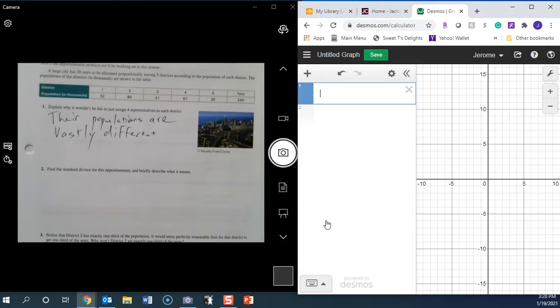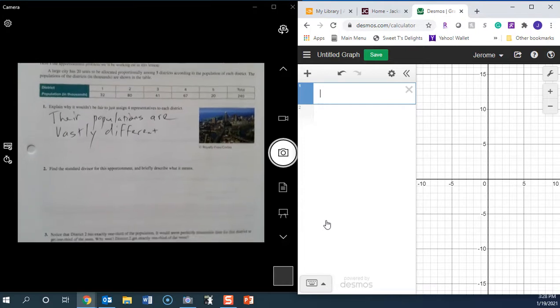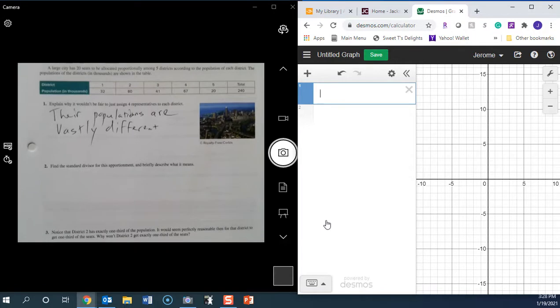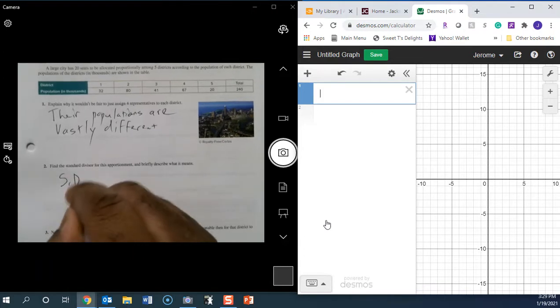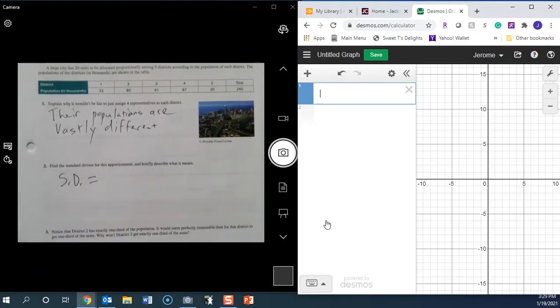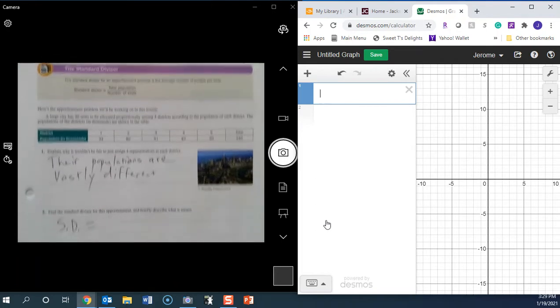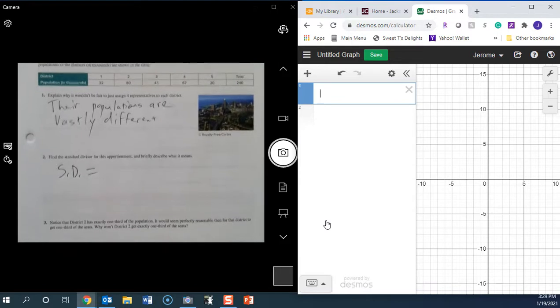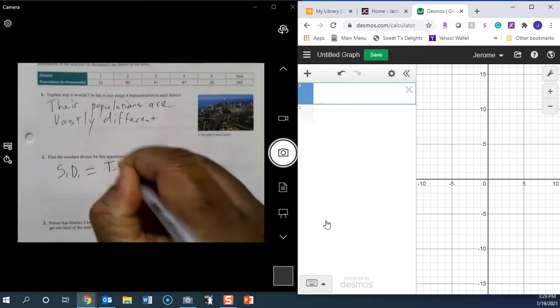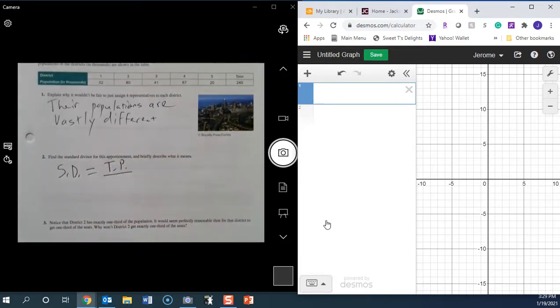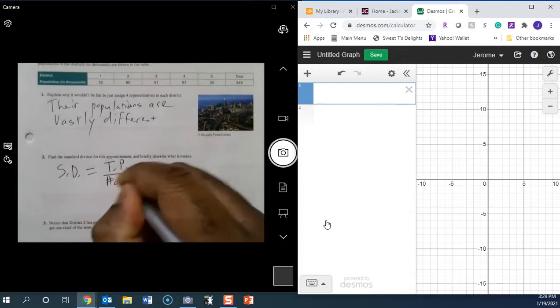Okay, number 2. It says find the standard divisor for this apportionment and briefly describe what it means. Okay, so basically it goes like this. The standard divisor, according to this formula up top, is equal to the total population, and I'm abbreviating, divided by the number of seats.